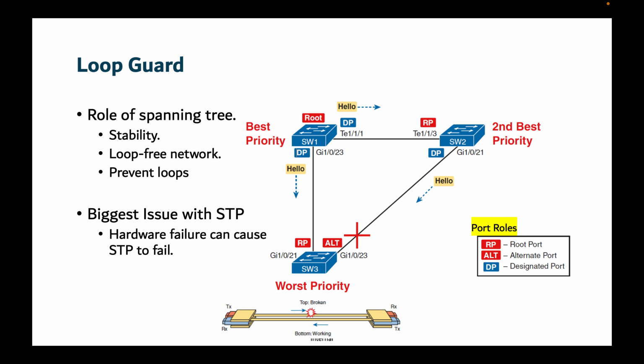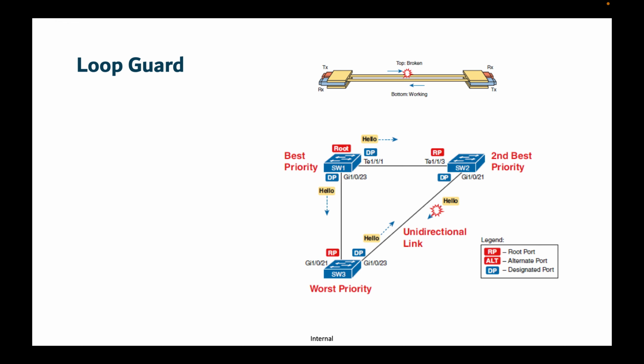So the STP loop guard feature provides additional protection against layer 2 forwarding loops. This is where loop guard comes into the picture. The STP loop guard feature provides additional protection against layer 2 forwarding loops such as STP loops.